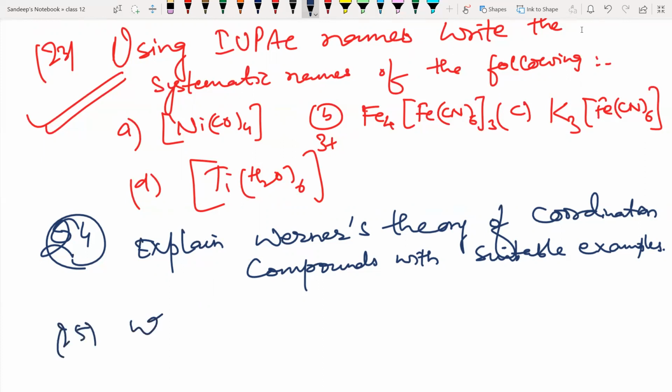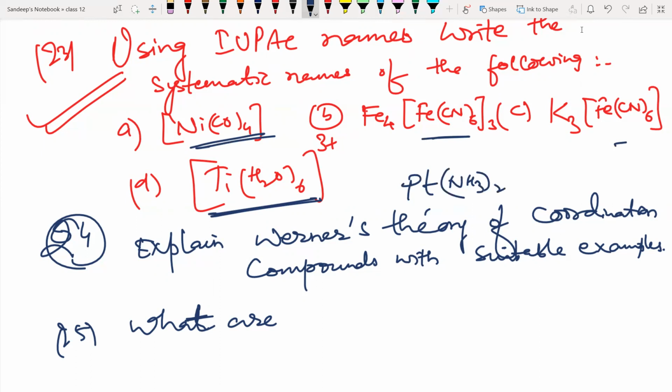Next question is, what are homoleptic and heteroleptic complexes? Like this is a homoleptic complex, so all these complexes are homoleptic. But if you see the complex Pt(NH3)2Cl2, it is called diamminedichloroplatinum. It is a heteroleptic complex because it has two different types of ligand. So more than one type of ligand, then it is heteroleptic.